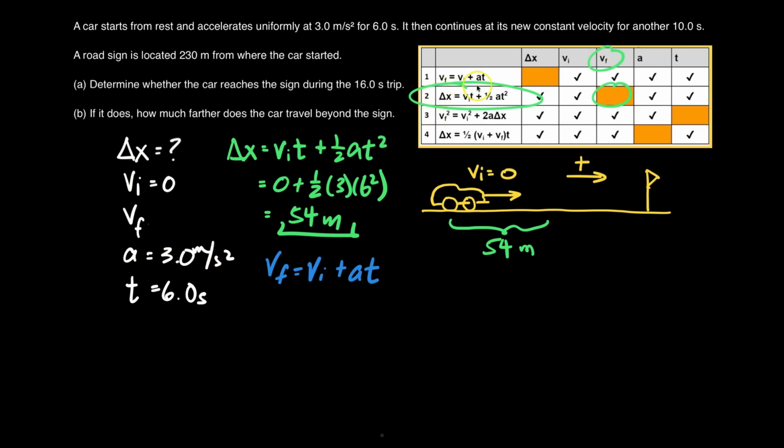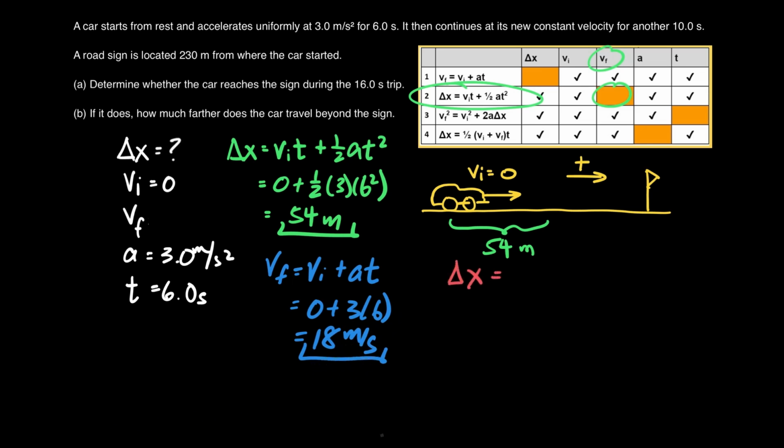So I'm going to use equation number 1, VF equals VI plus AT. We know that the car started with an initial velocity of 0 because it started from rest. So VI is 0. The acceleration is 3 meters per second squared, and the time that it travels for is 6 seconds. So VF is equal to 3 times 6, and we get 18 meters per second.